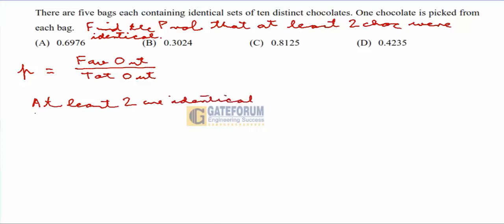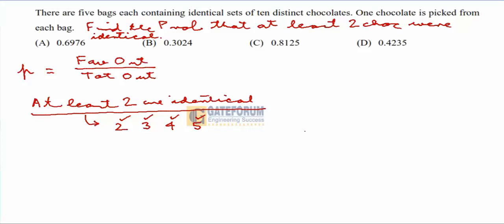Now, what does at least two mean? At least two means that you see 2 is correct, 3 chocolates identical is correct, 4 chocolates identical is okay, 5 chocolates identical is also okay. Now in this sum it cannot be more than 5 because the number of bags is 5 itself.